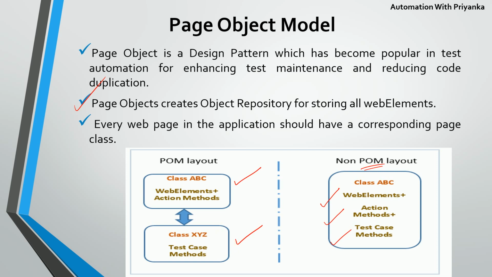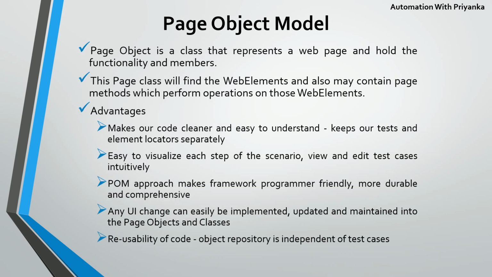I will be showing you practically the same approach. Page object model is a design pattern, and we use it to create our object repository, which stores the web elements through Selenium. So what are the advantages of page object model?